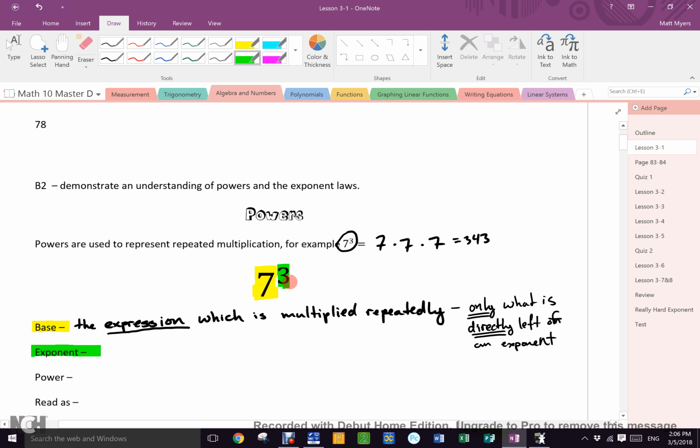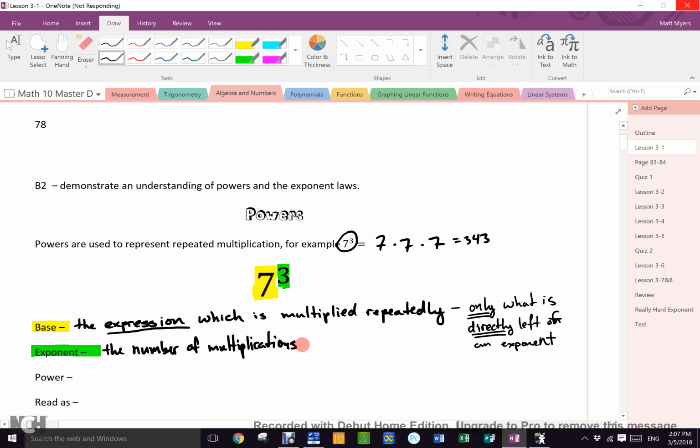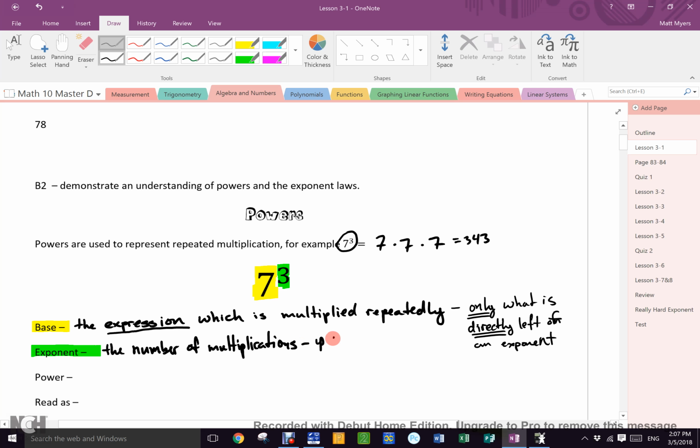Okay, so now we know that the exponent is the number of multiplications. And we know that it lives up right of a base.